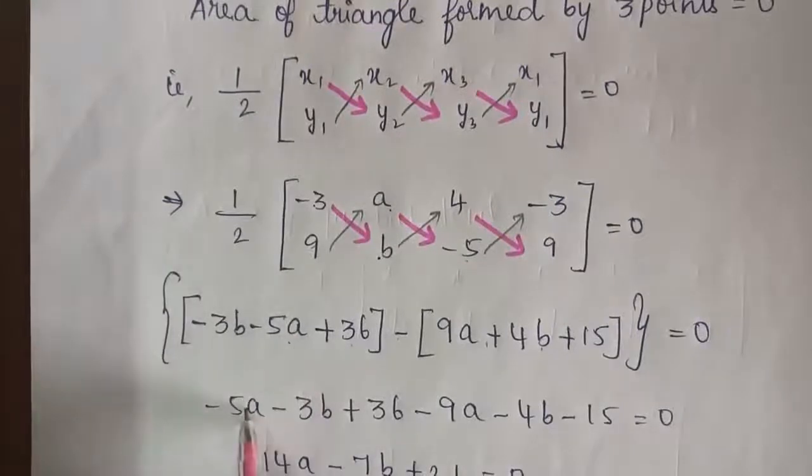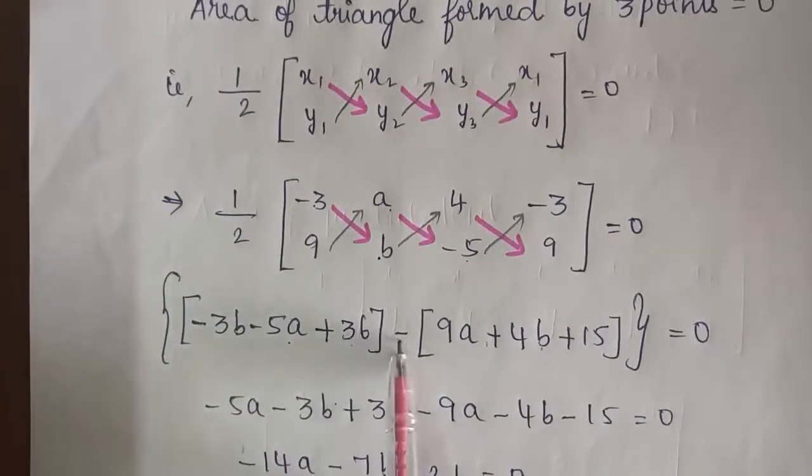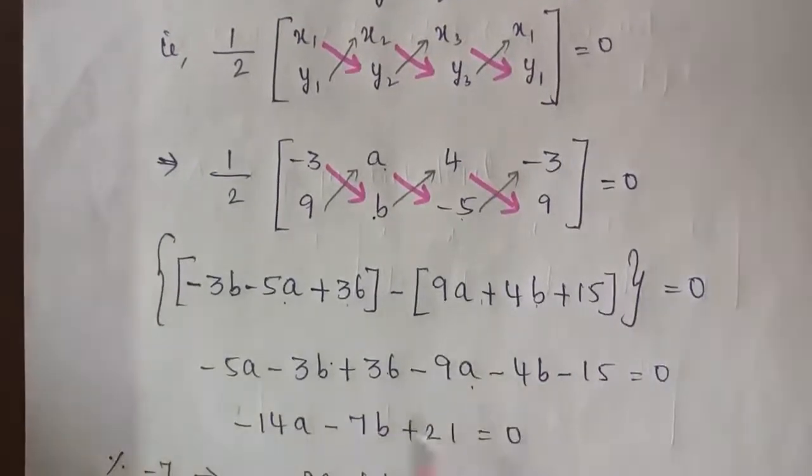Then minus 5a minus 3b plus 36, we are taking minus 2 into the bracket. So minus 9a minus 4b minus 15 is equal to 0.